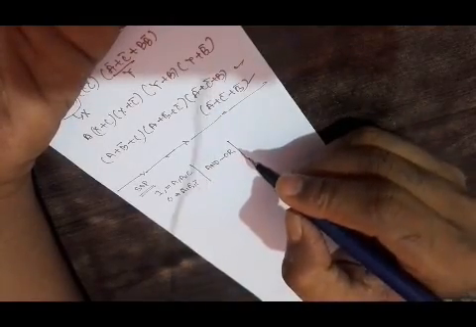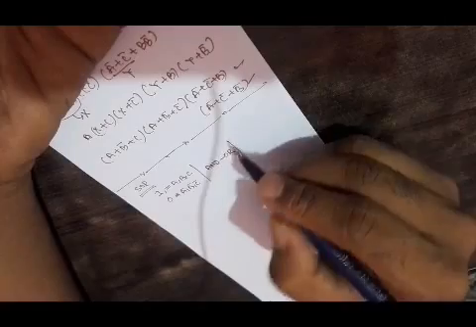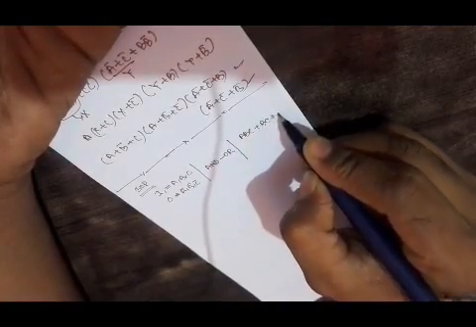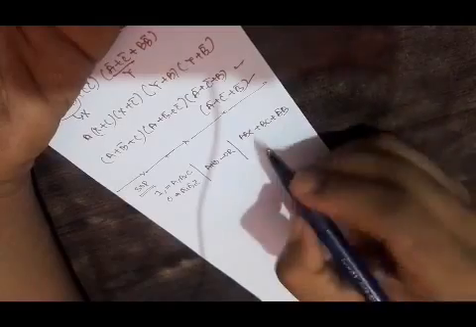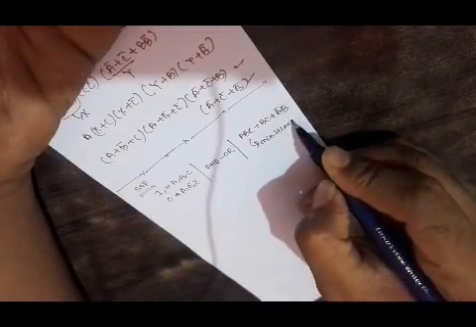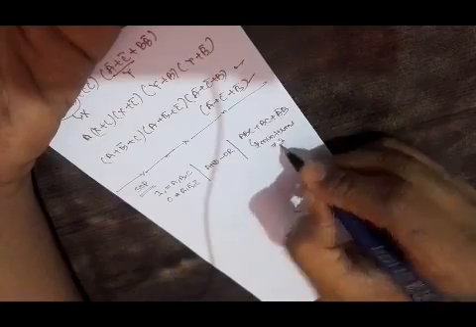And then I told about the canonical form. And each expression like abc plus bc plus a bar b, each term is known as a min term over here. Okay, min terms. So here how many min terms are there? Only 3.